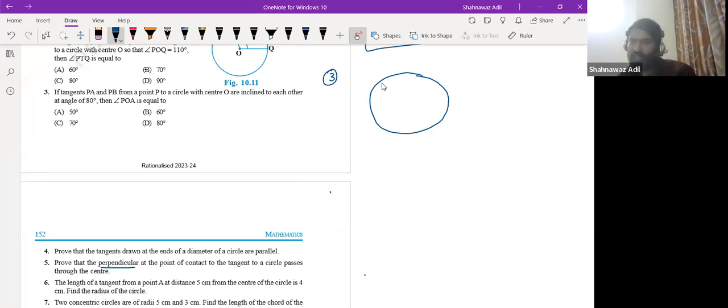So P is the external point, outside, and then we are drawing some tangents. Let's say this is point A, this is point B, and this is the center O.